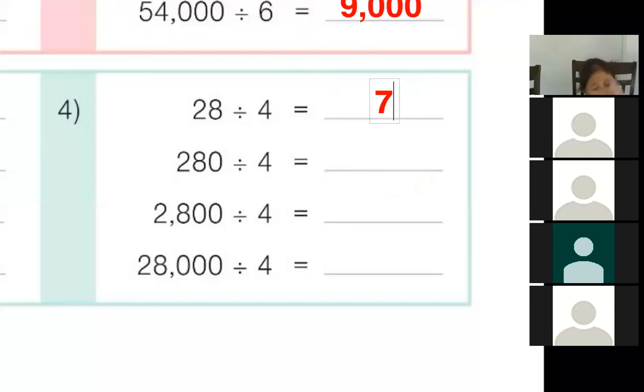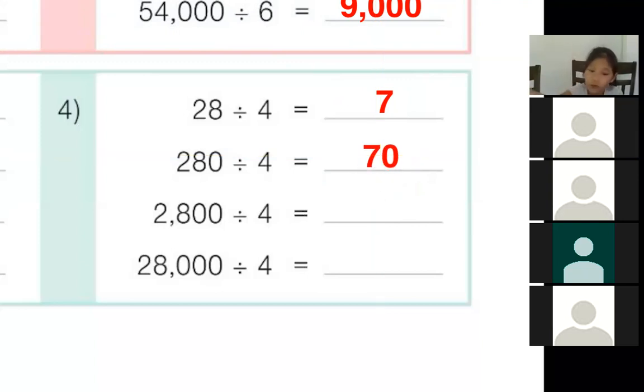Good job. Next, one more. 280 divided by 4 is 70. Very good. 280 divided by 4 is 70.